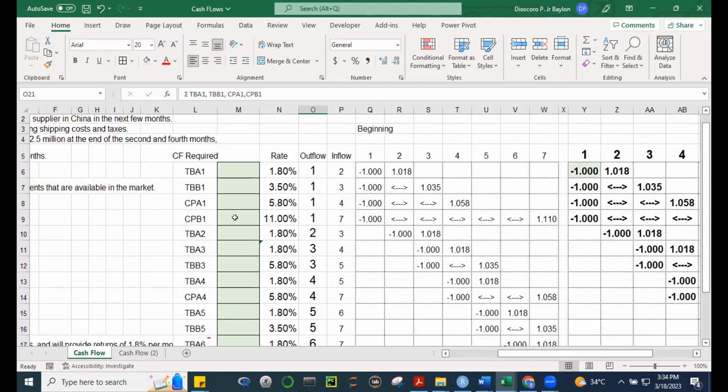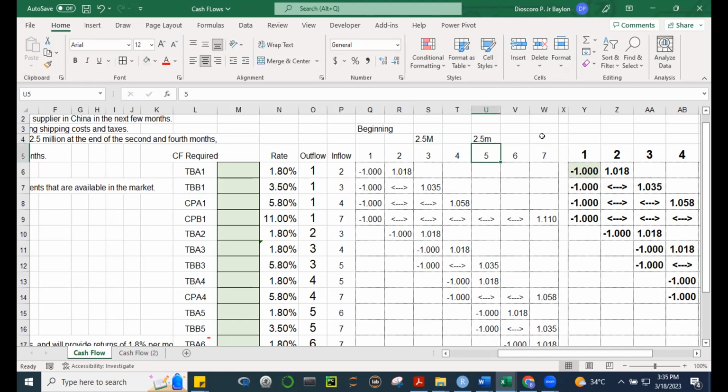It will earn. We will put it here, and then, as I said, just to make sure, what do we need? There are some cash flows that we need. Okay, at the beginning of the 3rd month, we need 2.5 million. So we need to be able to draw out money, 2.5 million. Okay, and then what else? At the beginning of the 5th month, we need to have 2.5 million, right?